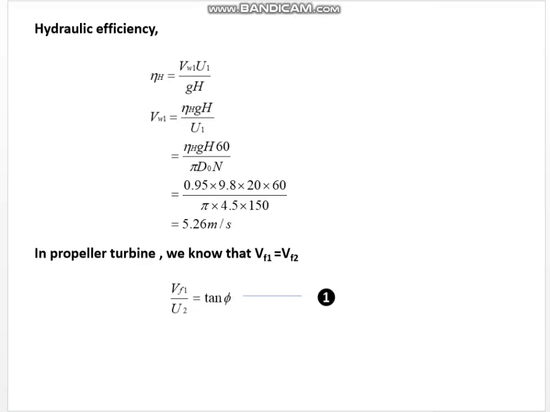Head is given as 20 meter, and then by doing calculation we found Vw1, which is 5.26 meter per second. For a propeller turbine, Vf1 is equal to Vf2, which is the property of a propeller turbine. Now Vf1 or Vf2 by U2 is equal to tan theta, tan phi.